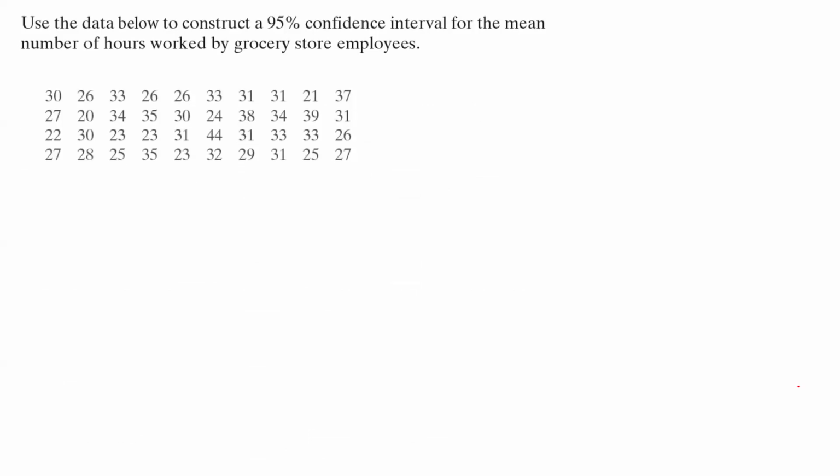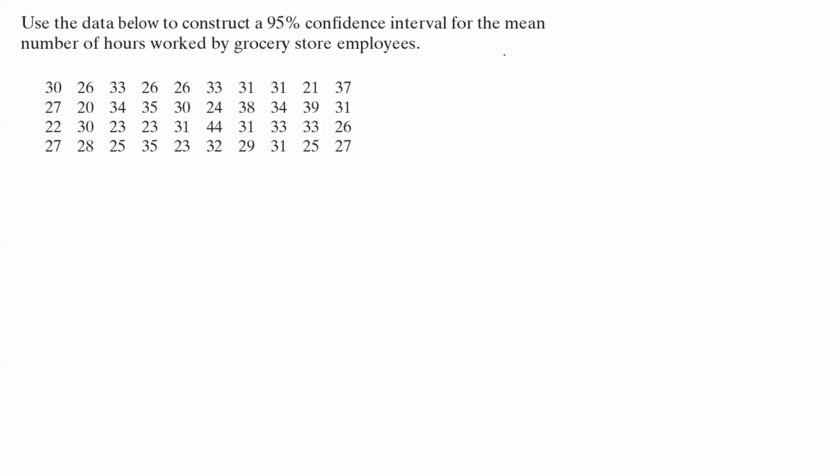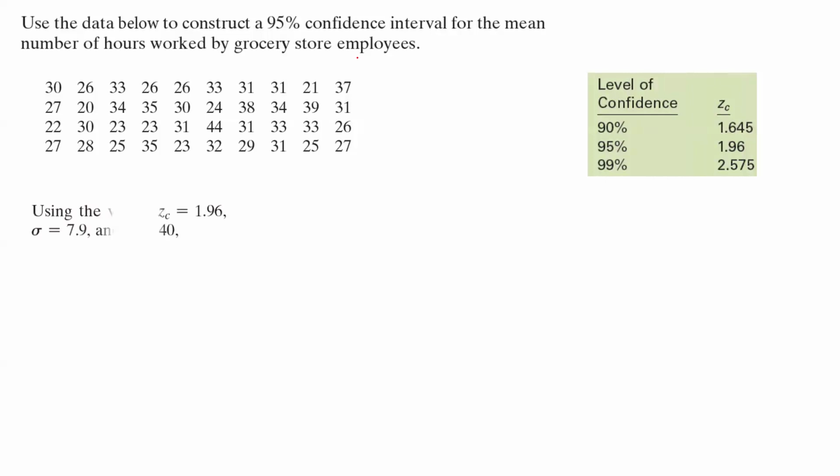Use the data below to find the confidence interval for 95% confidence level of the mean number of hours worked by grocery store employees. Within the calculation, we already know that our margin of error is ZC times sigma divided by square root of n, or 1.96 times 7.9 divided by square root of 40, which is about 2.4 hours.